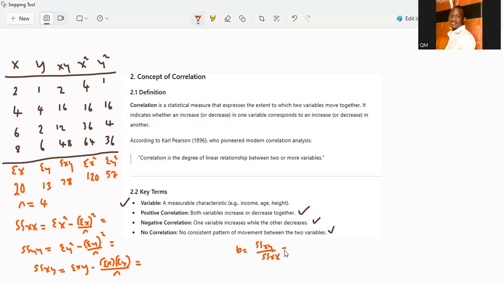We get the answer there. And what is our a? It's the summation of y over n minus b times the summation of x over n. So everything is from the table. I've just given you the formulas that you need.